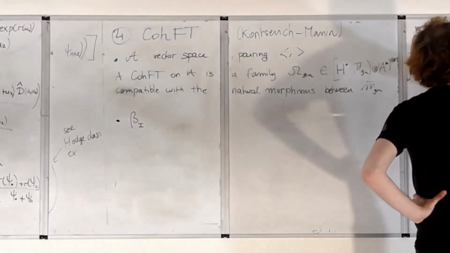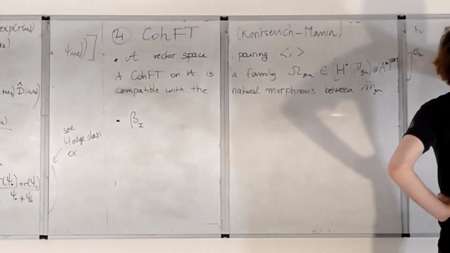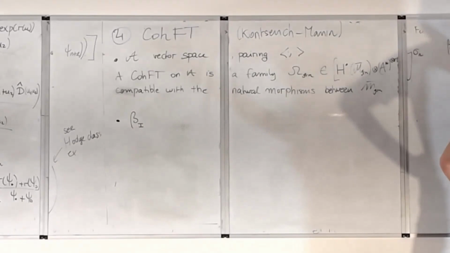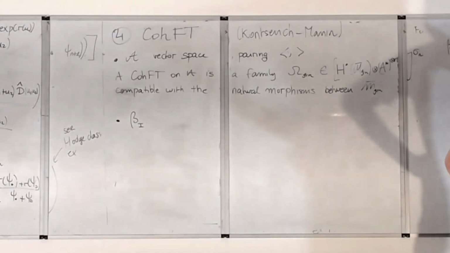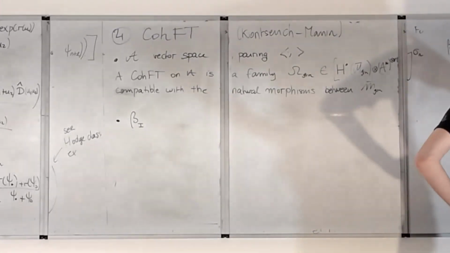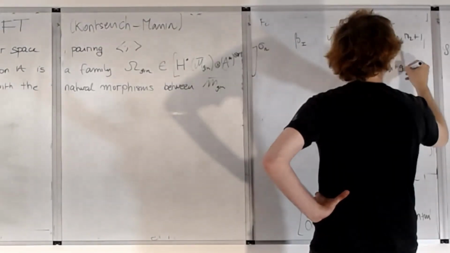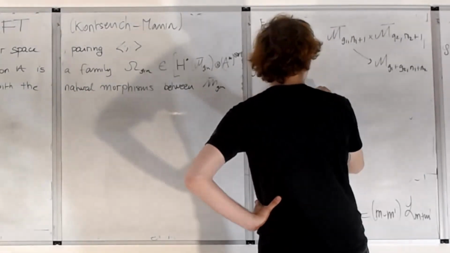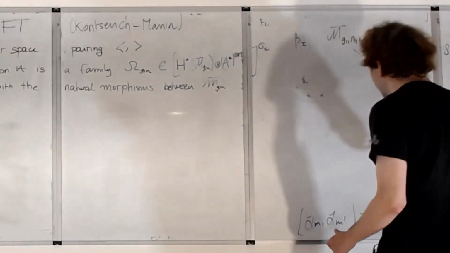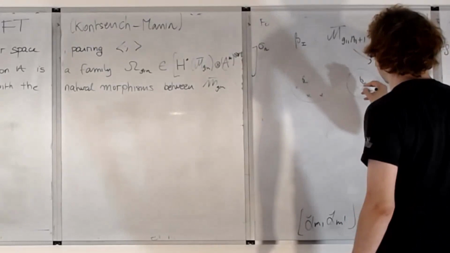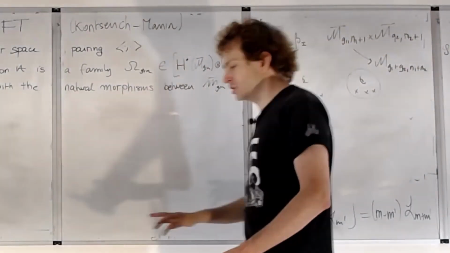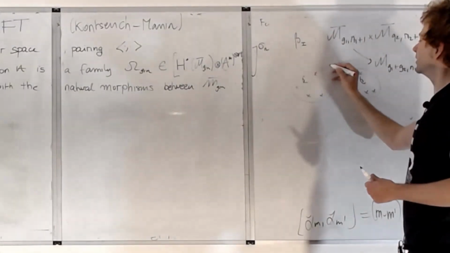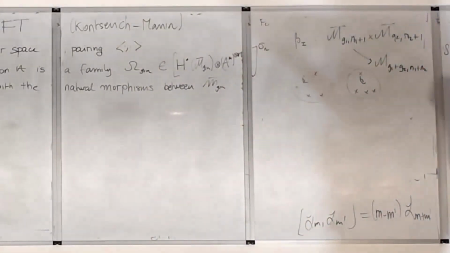Beta 1 was going from M g1, n1 plus 1 cross M g2, n2 plus 1 to M g1 plus g2, n1 plus n2, and it was taking two stable curves with some punctures which have their own label, plus the last puncture, and attaching that together to form a node.